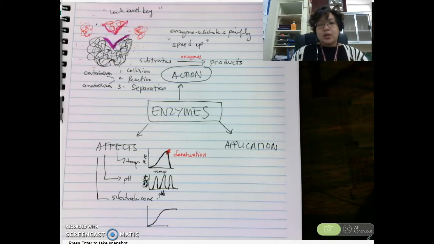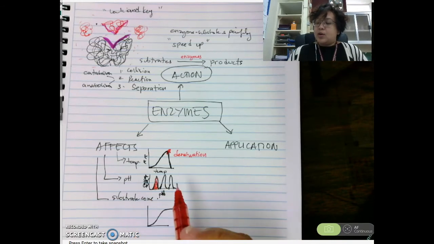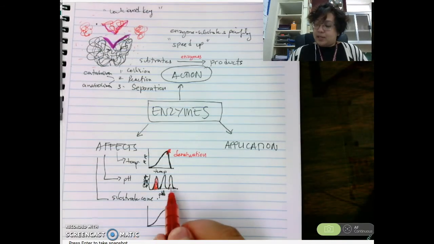What we will conclude in this graph is that some enzymes work best at low pH or acidic environment, while some enzymes work best in high pH or basic environment. And there are also enzymes that work in neutral environments.